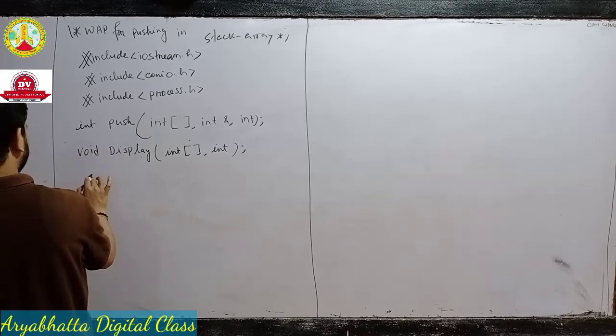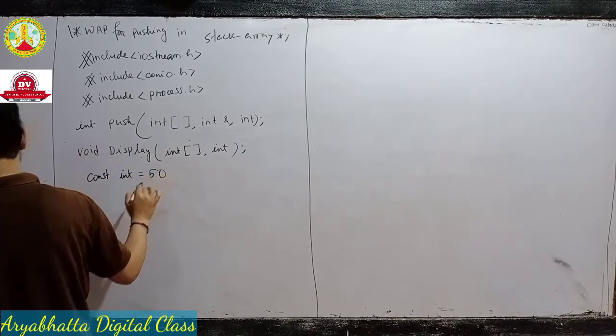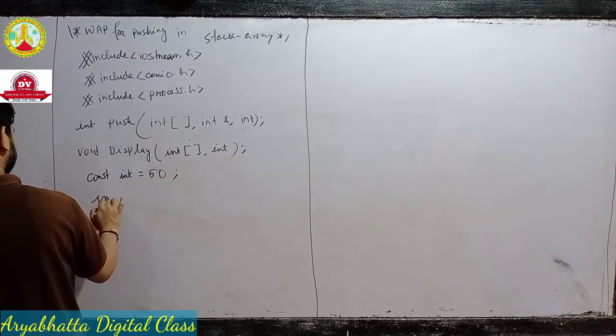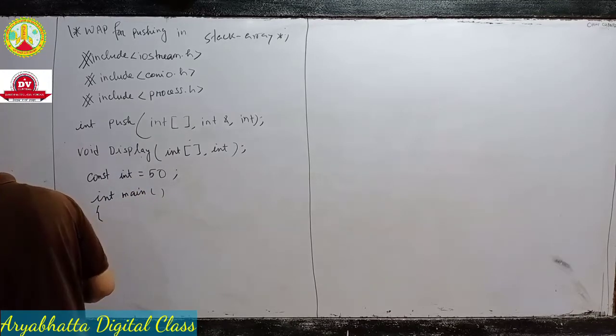You have to take a constant integer variable 50, means we have to insert up to 50 elements. Now comes the main function.